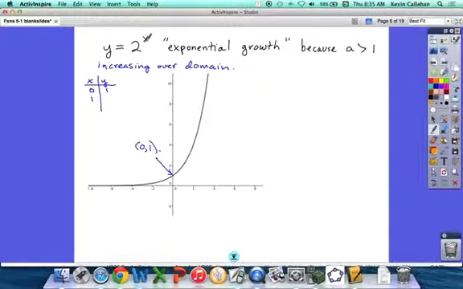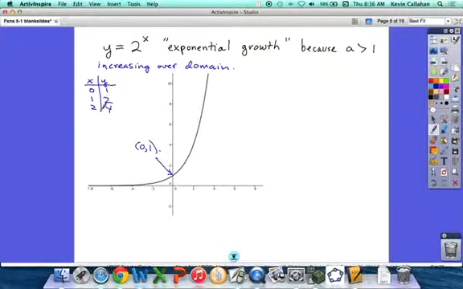Okay, if I put in numbers that are bigger than 0, like 1, then I get 2 to the 1 is 2. So (1, 2). X equals 2. 2 squared is 4. So (2, 4). Right? As x gets bigger, this thing is just going to go off towards positive infinity. Okay? What happens when I plug in values that are less than 0?